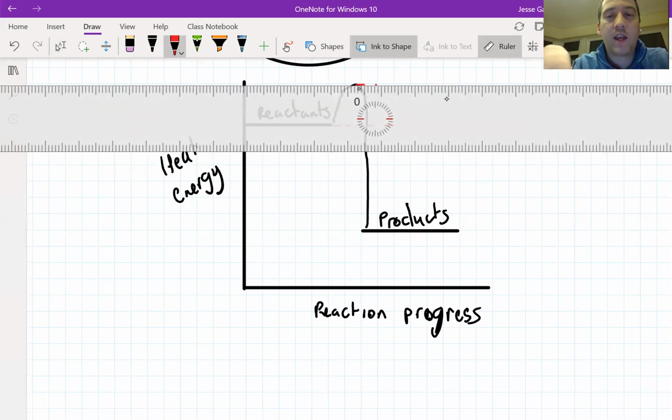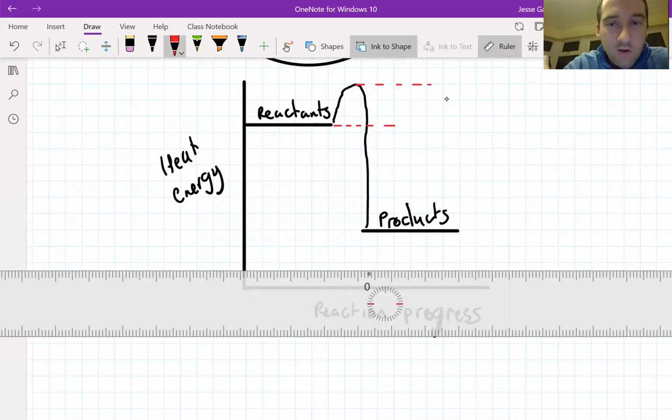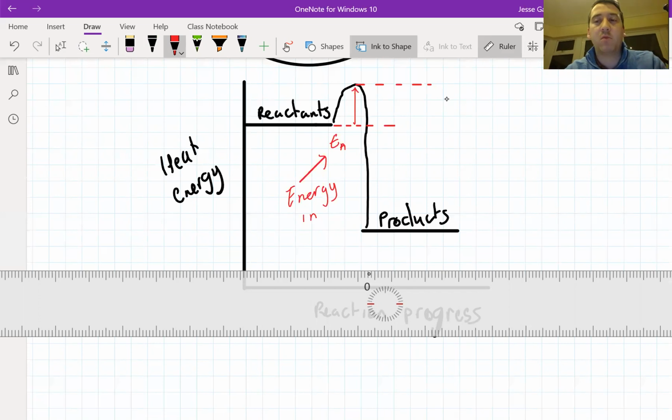So this little increase in energy here is known as what we call the EA, which stands for activation energy. And this is the energy that must be put in. Energy in. So this energy comes from the surroundings to break the bonds in the reactants and make them loose atoms free to react.